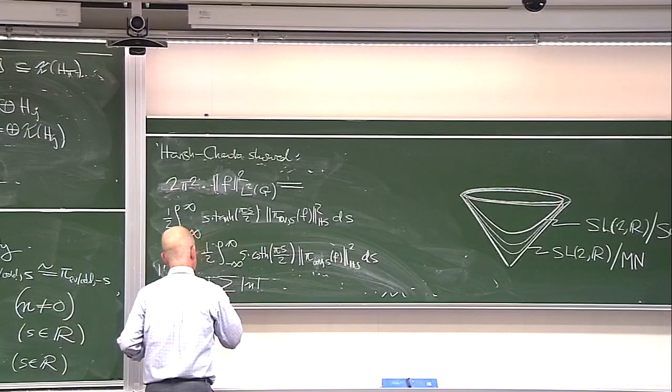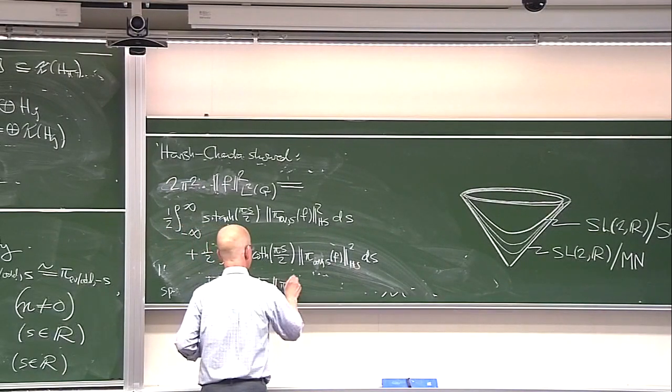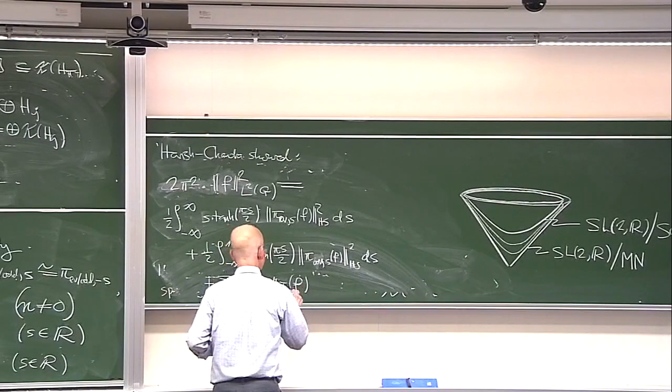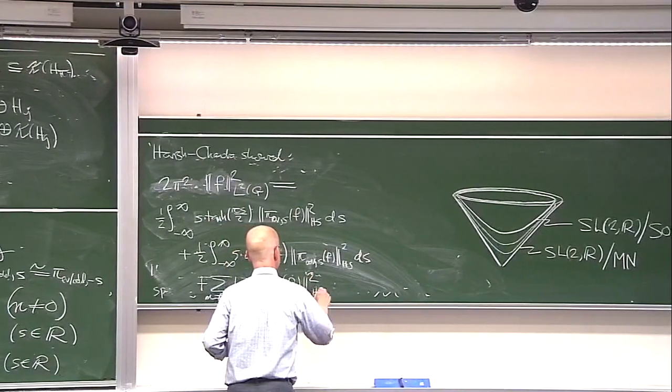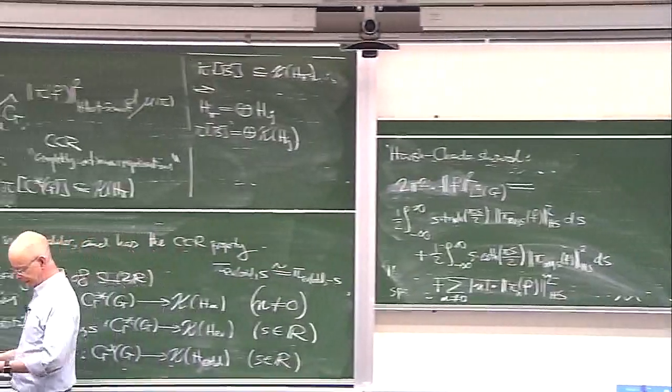And then we need a contribution for each of these discrete series representations. And the contribution for the nth one is proportional to n.